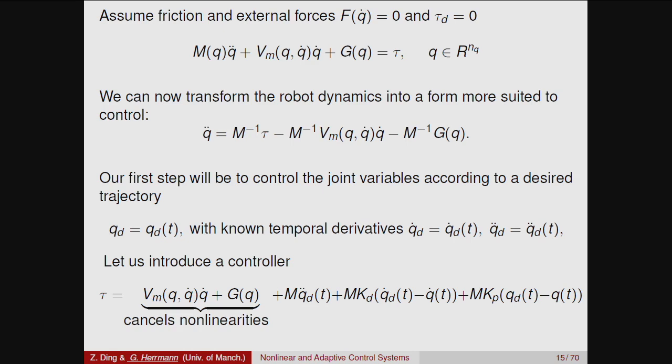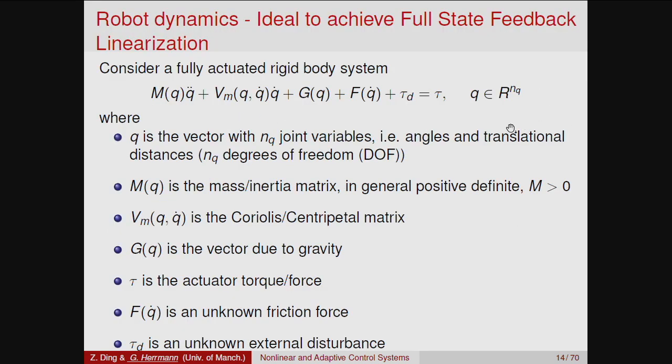So we want to introduce this through that tau vector here. As we can see, tau is a vector in this case, q is a vector, and M is a matrix. M is a matrix which has the size nq, where we have nq joint variables.